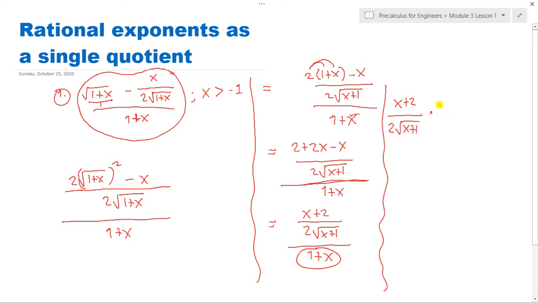The reciprocal of 1 plus x is equal to 1 all over 1 plus x. Then proceed to multiplication. So multiply numerator x plus 2 over the denominator. So we have 2 times x plus 1 multiplied by square root of x plus 1. Now, the x plus 1 and the square root of x plus 1 can be, what are they again?